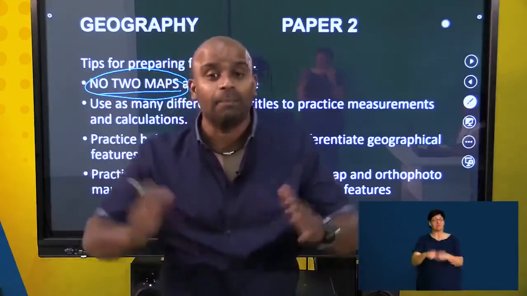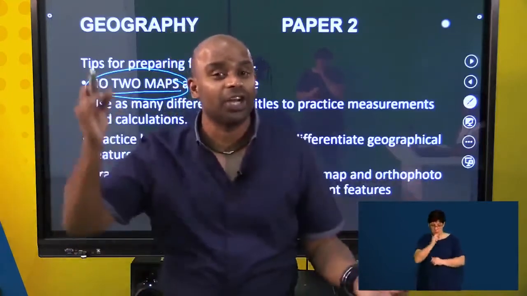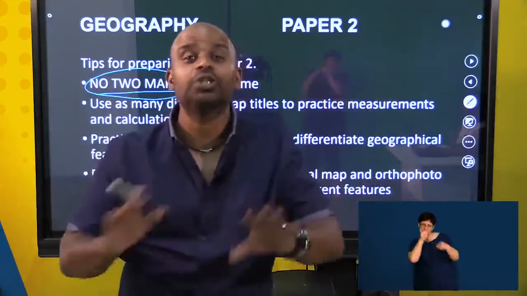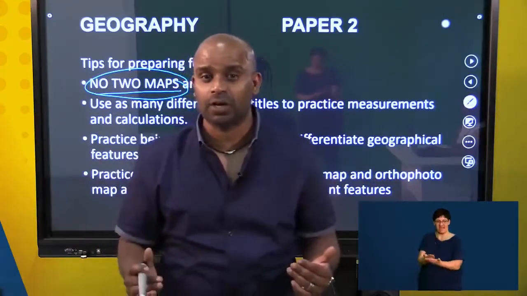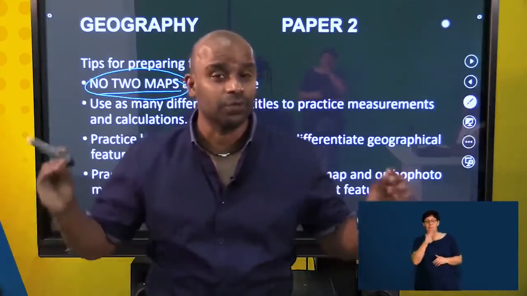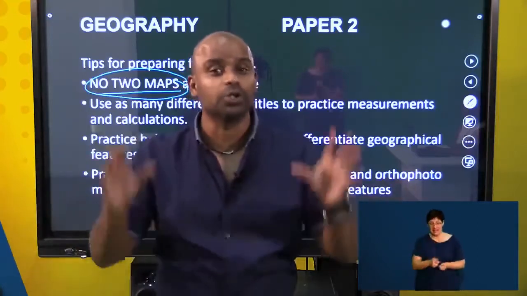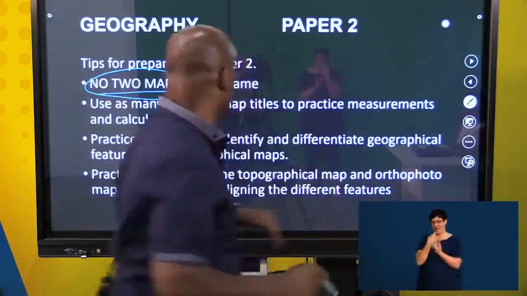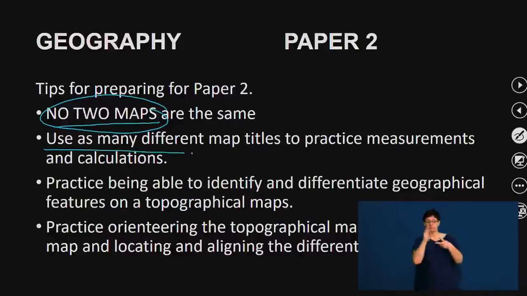So, no matter what map you're using, it is about the knowledge that you have on map work and your ability to apply it to different maps that you're being examined on. So, irrespective of the map title that you get, you've got to be able to use your skills and knowledge in that examination. Further to that, use as many different map titles to practice measurements and calculations.